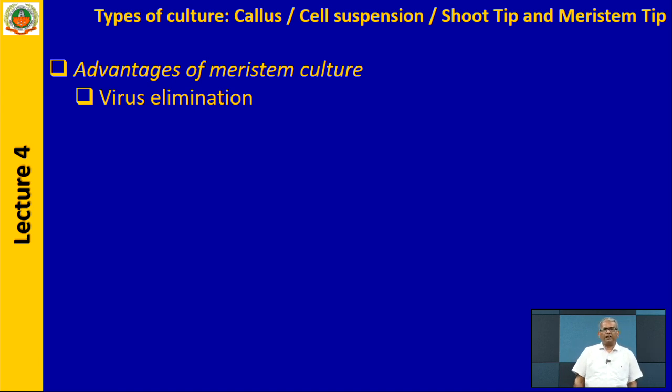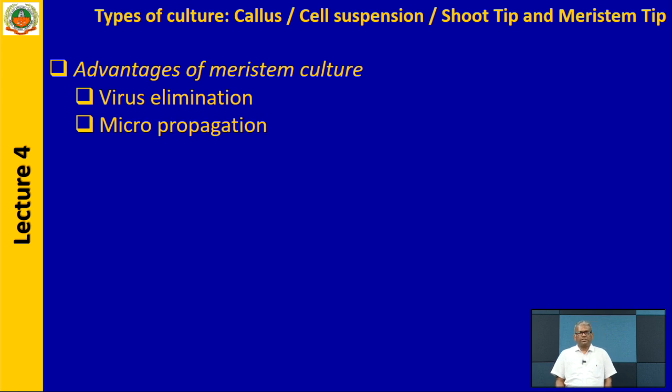Say I have a very good variety which costs thousands of dollars, but it is infected with viruses. If I have to save the plant or mass multiply it without viruses, the only way to do it is using meristem tip culture. Why meristem tip culture is used for virus elimination will be explained in the next slide.